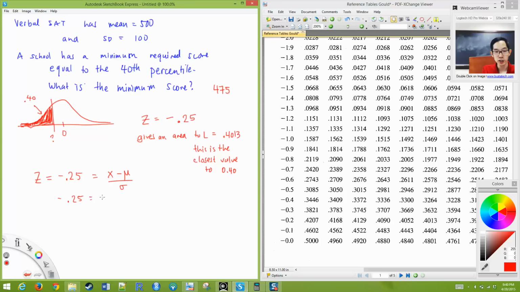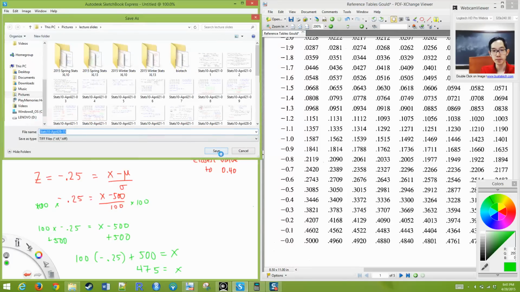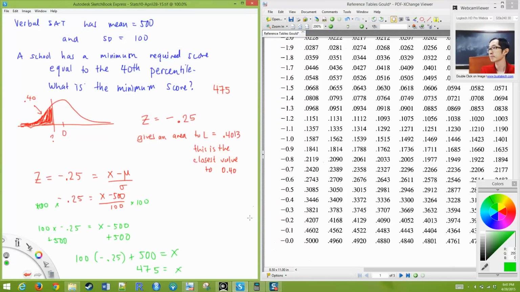Okay, there's another topic that we need to cover, and this is called the binomial model. I know we only have 20 minutes, but it's relatively easy, or it is very easy, because we're just covering how to use the table. We're not actually going into the binomial formula, okay? All right, so the last thing is the binomial model.